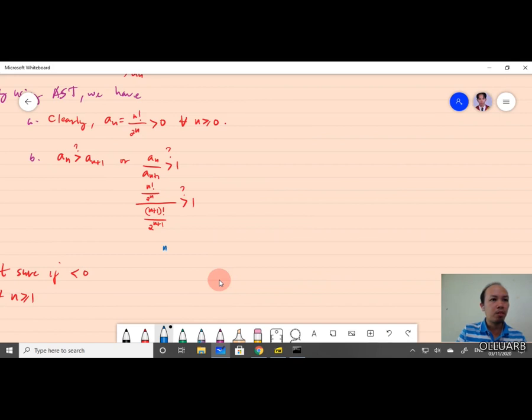This is n factorial over 2 to the n times 2 to the n plus 1 over n plus 1 factorial. Simplifying again, this is 2 to the n times 2 over n plus 1 times n factorial.